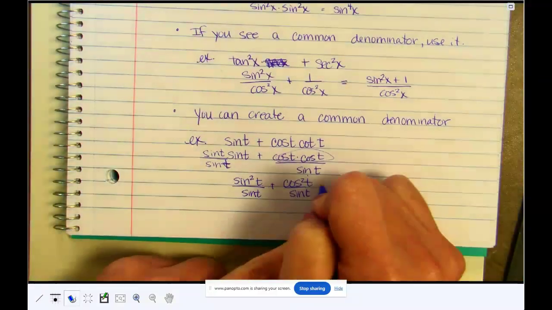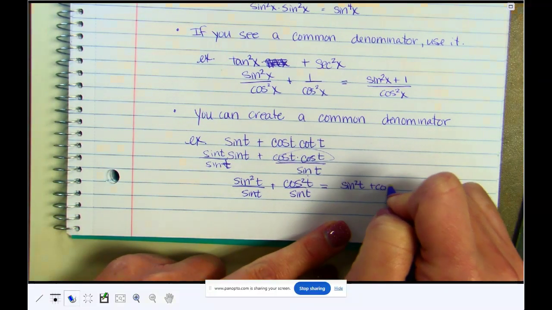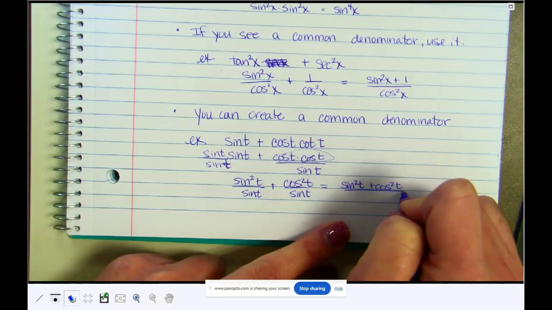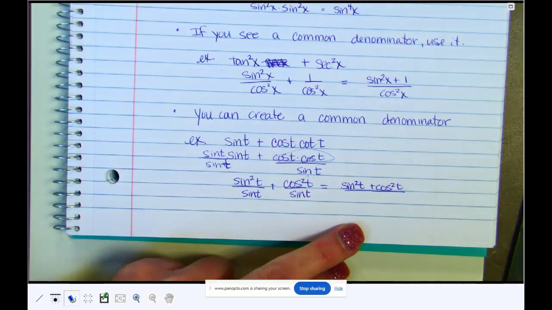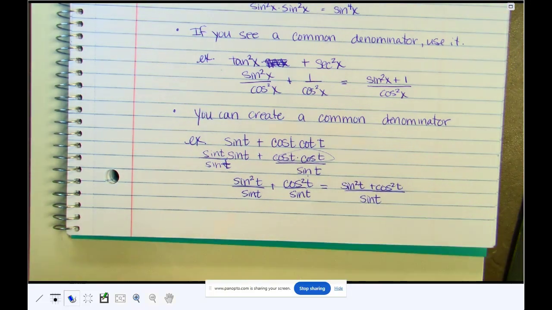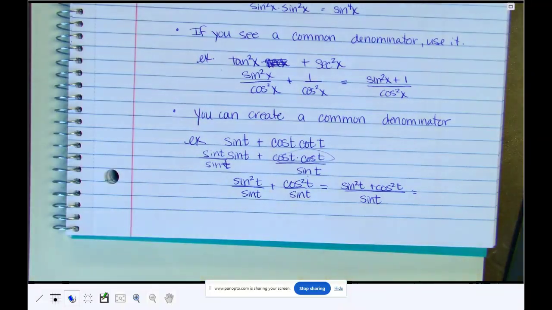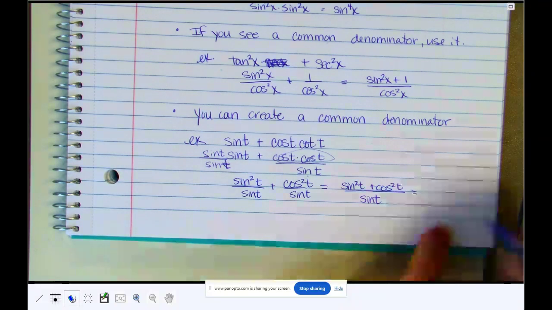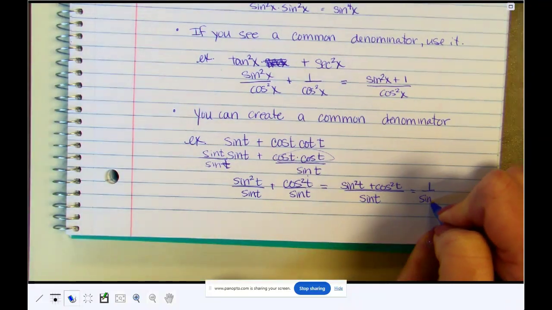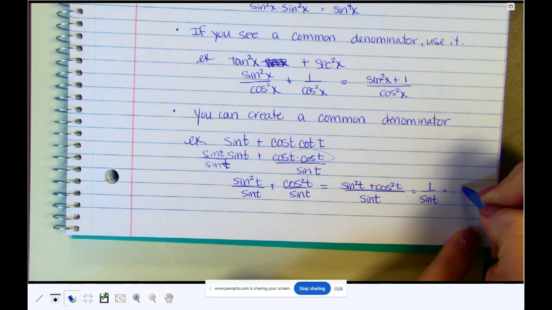So the top is sine squared plus cosine squared. The bottom is what? Sine. So when we add fractions, the bottom stays the same. Now, what does the top equal? 1. So that's 1 over sine, which is cosecant.